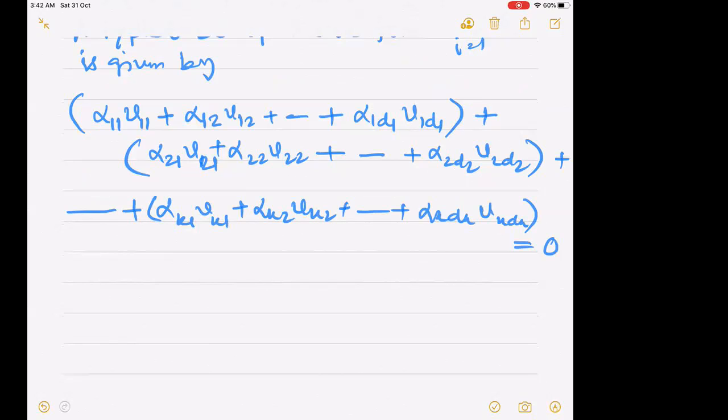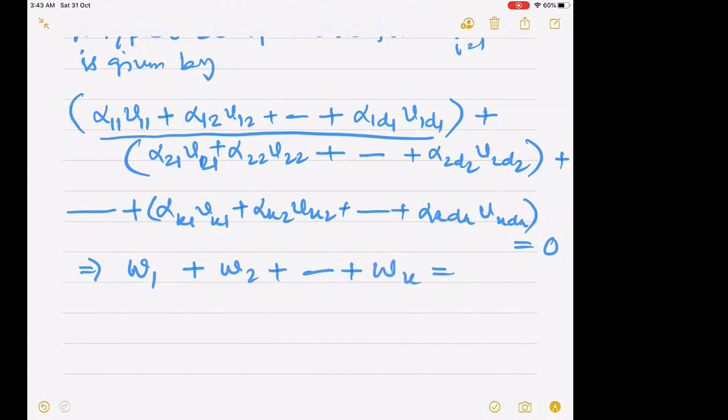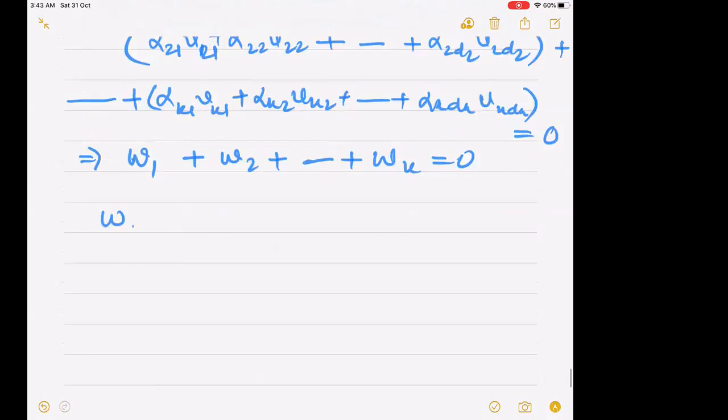Yeah, is that all right? Now I look at this and call it w1 plus w2 plus dot dot dot up to wk. This is equal to 0, where wi is defined as the summation of alpha ij vij, j going from 1 to di, for i equals 1 to k.